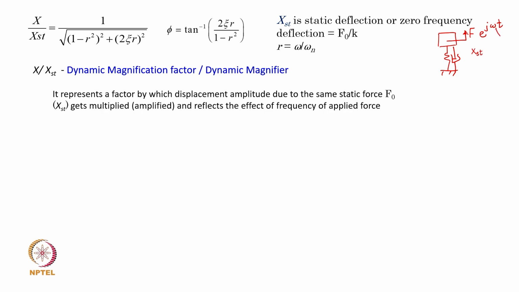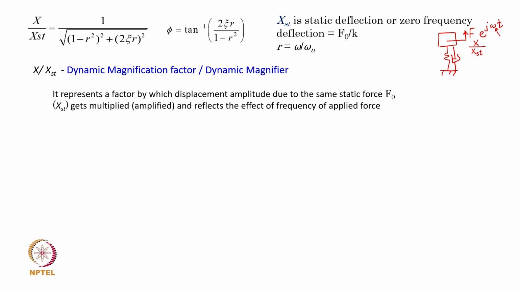But if this omega is non-zero, you get a response which is capital X. So, frequency 0 is our reference amplitude or reference deflection or response. If I take the ratio x over xst, it represents the factor by which the response due to zero frequency, or just a static deflection, gets amplified when frequency changes from 0 to some non-zero value.